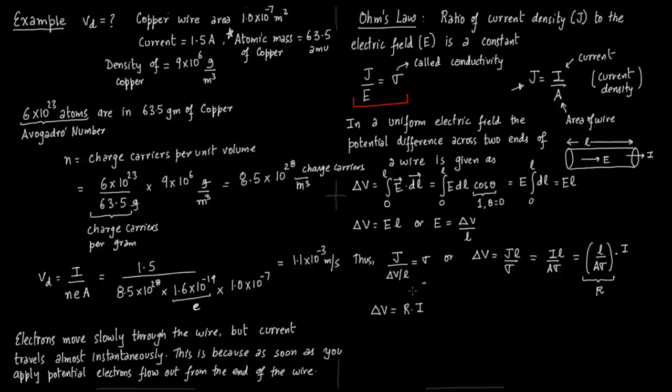This is a very important equation. Now R is called resistance of conductor. The unit of R is ohm. Let us mark this very important result. This we will keep using again and again.